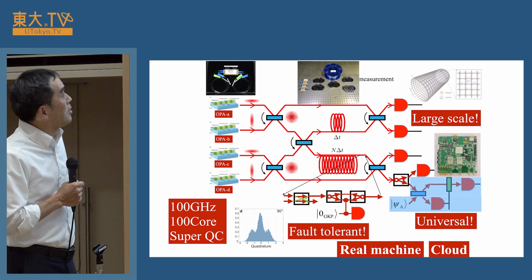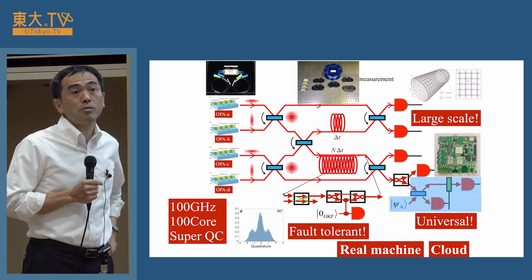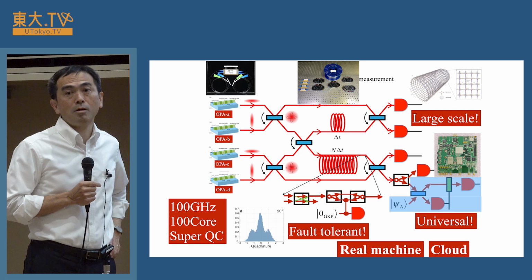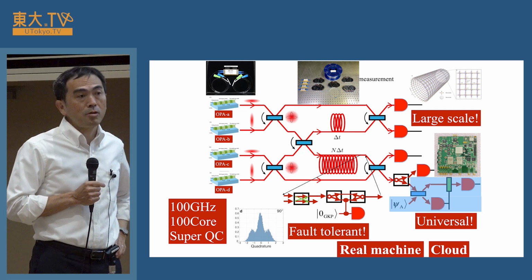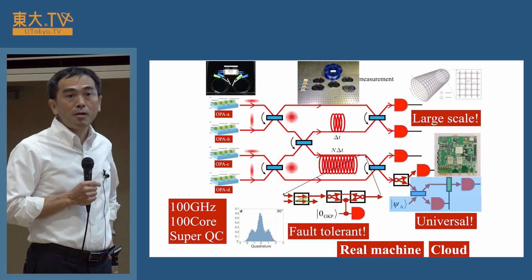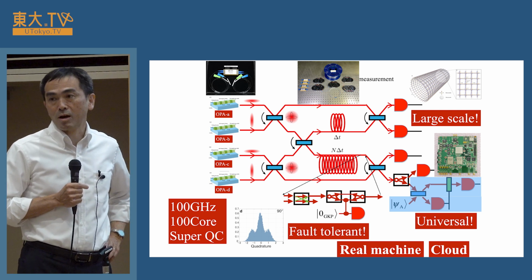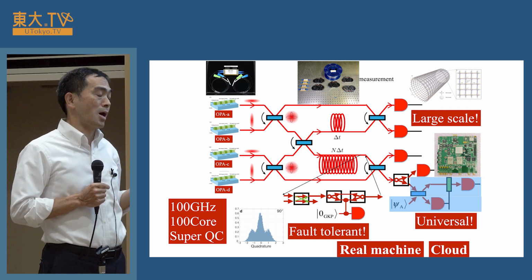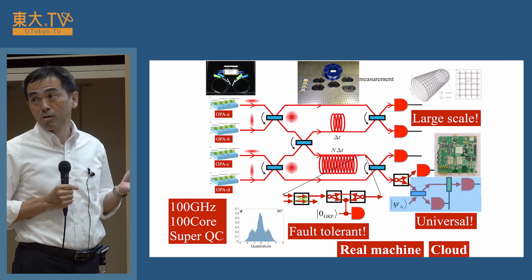And also, it is very fast. Of course, we are using light beams for our quantum computers. As you know, carrier frequency of optical beam is more than 100 terahertz. In that case, you can have clock frequency of 10 terahertz.